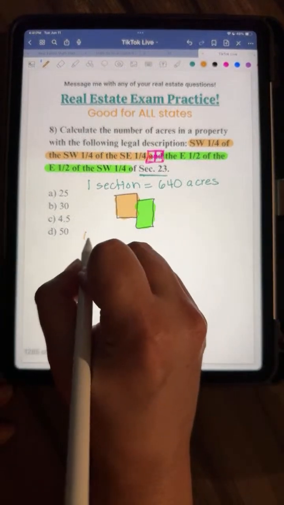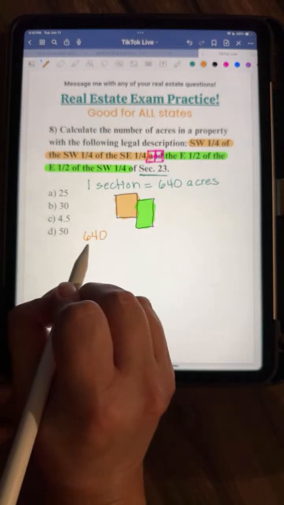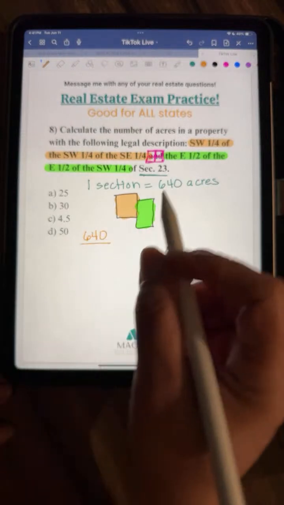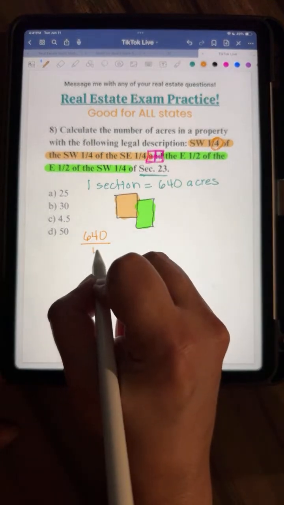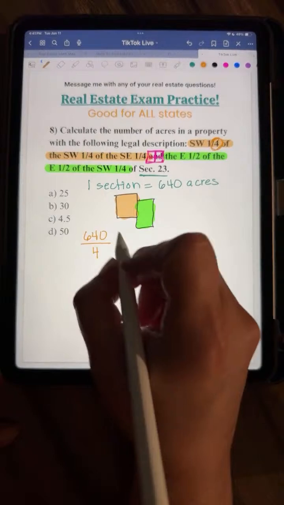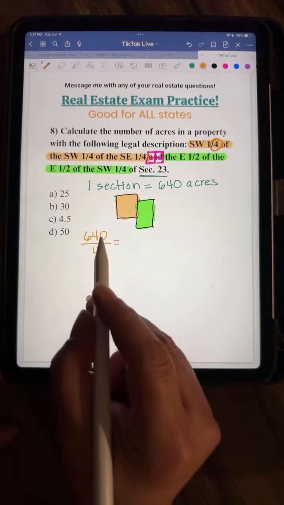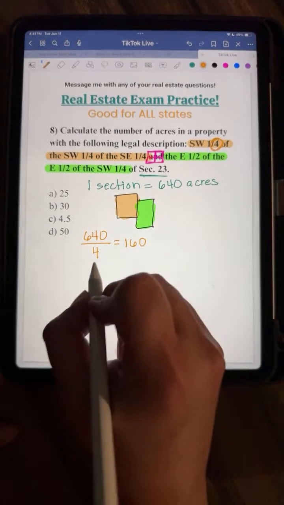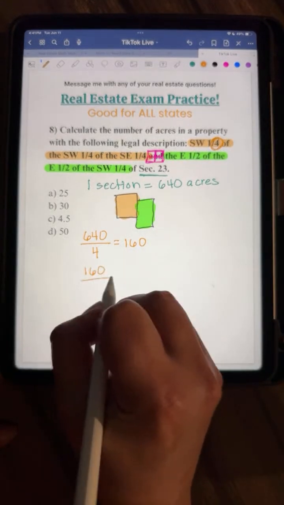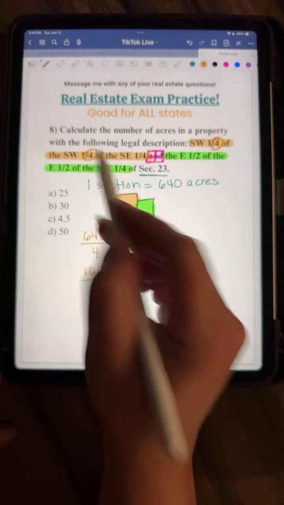So we're going to say 640, because we're always going to start with 640. And then we're going to divide by the bottom numbers. We always take the denominator. 640 divided by 4 is 160. Then I take 160 and divide it by this 4.